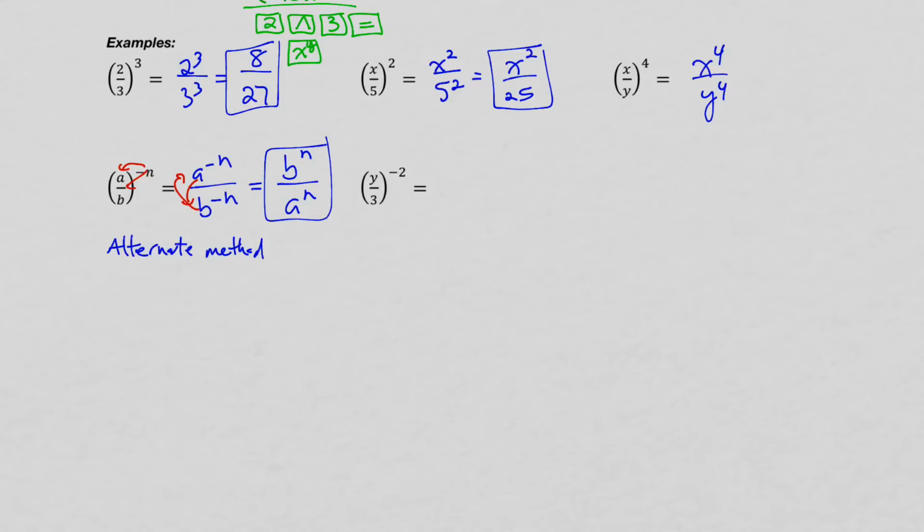So the alternate way to do this is to go ahead and flip both. I know they're both going to be negative, so I go ahead and flip them. So it's going to look like this. That changes to a positive n, and then go ahead and apply the power to both, and we get the same thing.